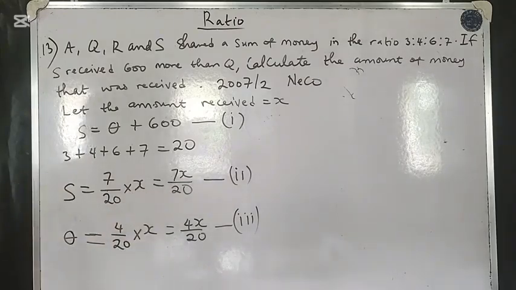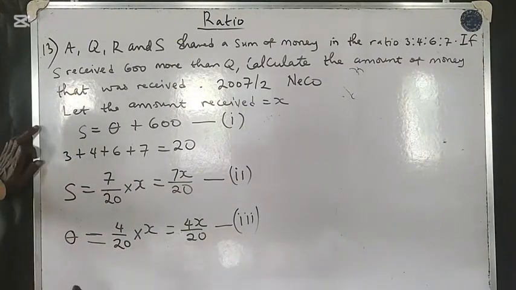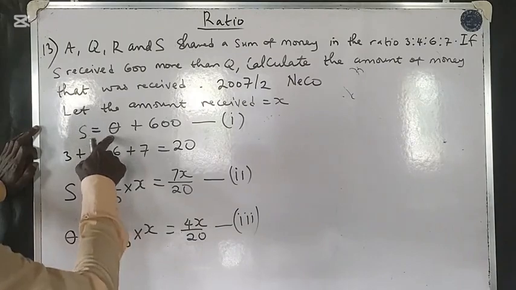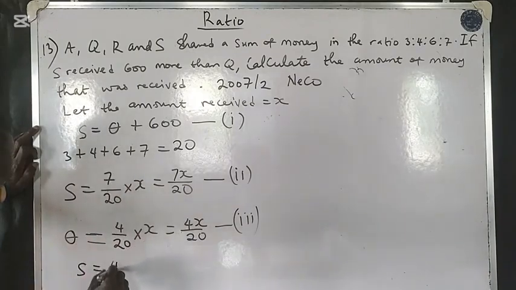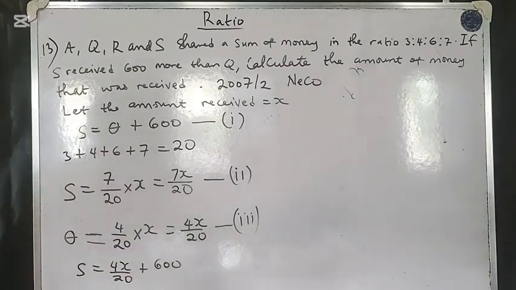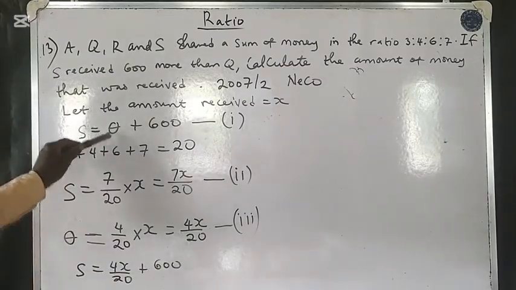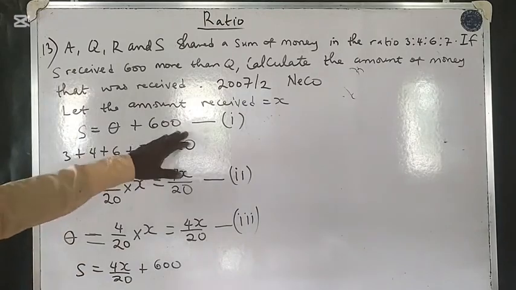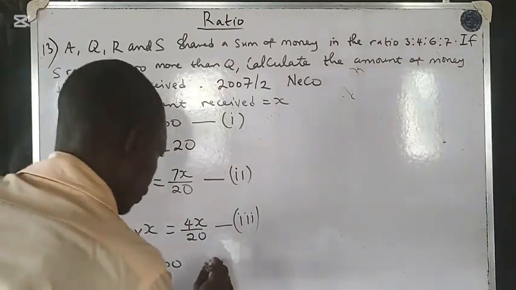So from equation 1, we are going to replace Q with this value here. So we now have S equals 4x over 20 plus 600. This will give us equation 4.